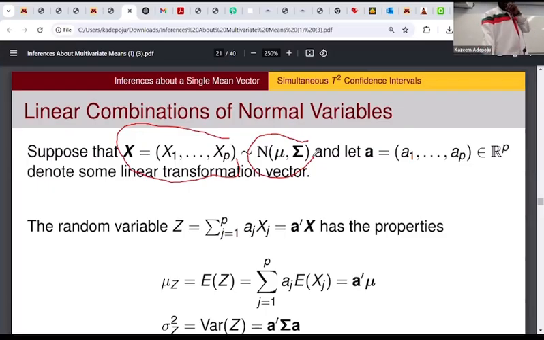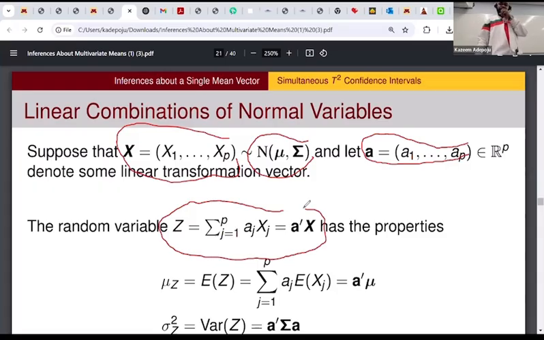Now, if there exists a constant vector that also lies in p-dimensional space, we can define a new variable, which is going to be a linear combination of the random variables we're talking about and the constants.